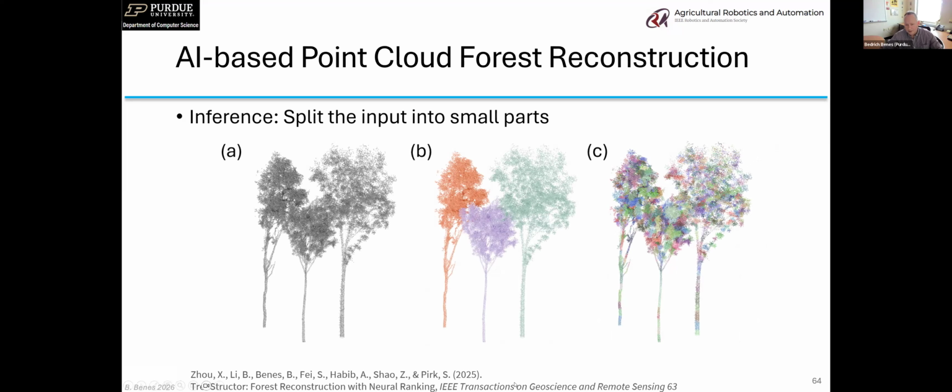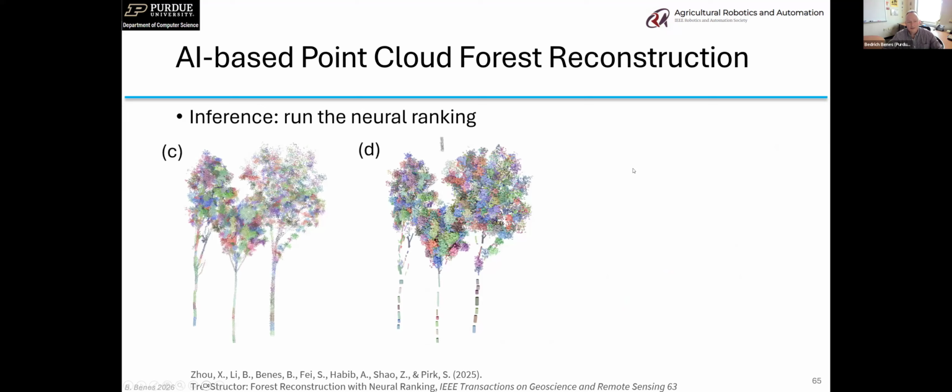The only thing that we really need is the root of the trees. Then we use DBSCAN and cluster the individual instances into smaller clouds. In the next step, we run the neural ranking. We take each of these small clusters and find the corresponding pieces that fit into it. So we get an initial estimation of the 3-dimensional shape.